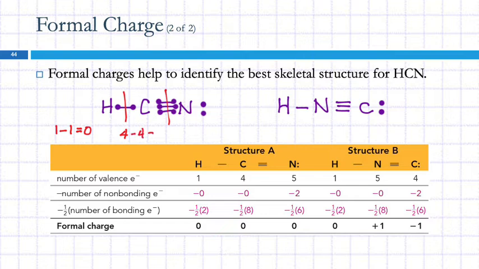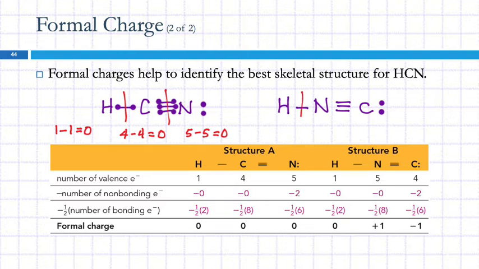Okay, that's 0. This is kind of boring. Should have done the other one first. How many electrons does nitrogen bring? 5. And how many does it leave with? 5. So each of these atoms has a 0 formal charge. That's a good sign that that's probably the correct structure.